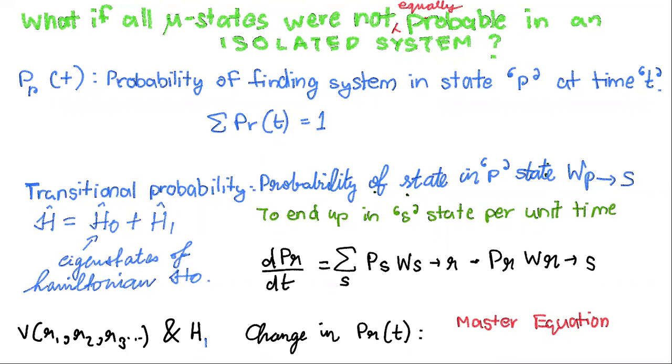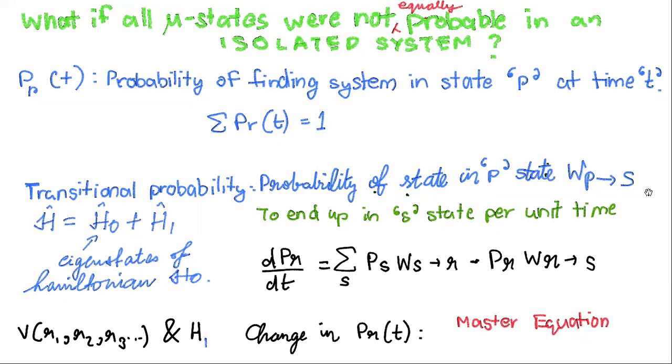So there are many eigenstates, many quantum states of the system, and the system is in a particular eigenstate of Hamiltonian H0. In that case, the transitional probability will be the probability that the system is going to go from state P to state S, right?